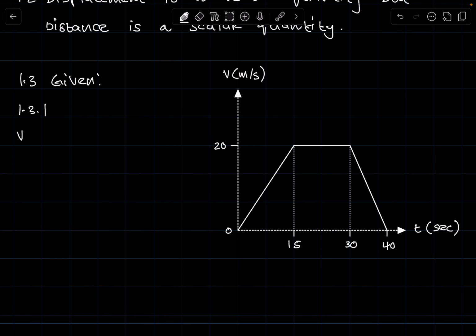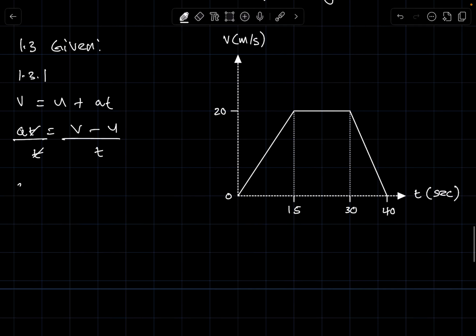Remember, one of our equations of motion is v = u + at. If you make acceleration the subject of the formula, you're left with at = v − u, and then you get rid of t by dividing both sides by t.